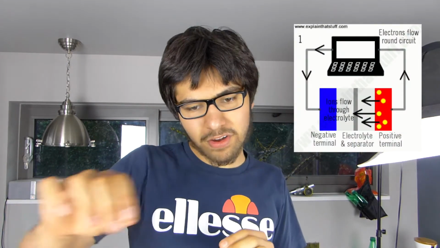Most phones these days use lithium-ion batteries, and basically those are batteries that contain an electrolyte solution with lithium ions and electrons mixed in there. The electrons have to float through the phone in order to get back to the lithium ion, where they recombine to become a lithium atom.